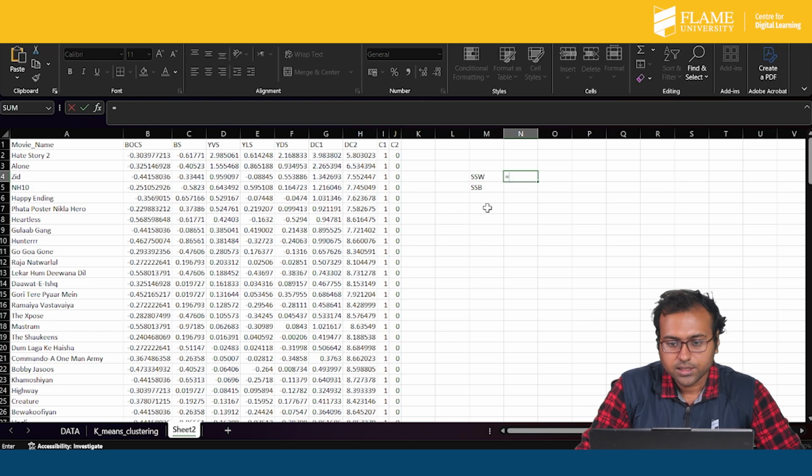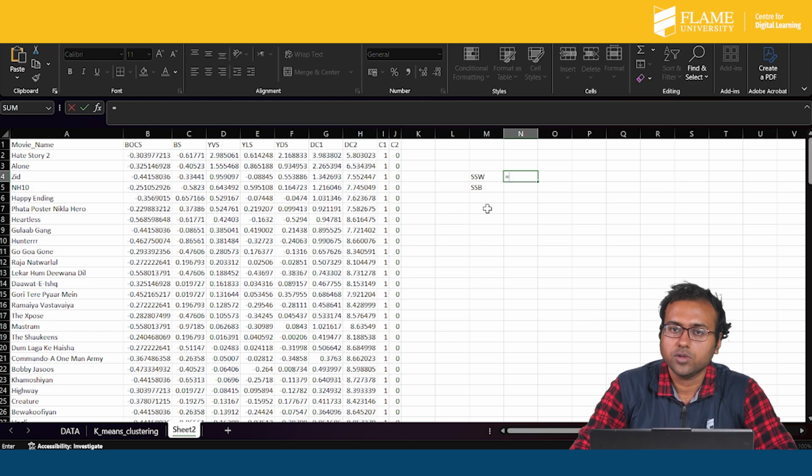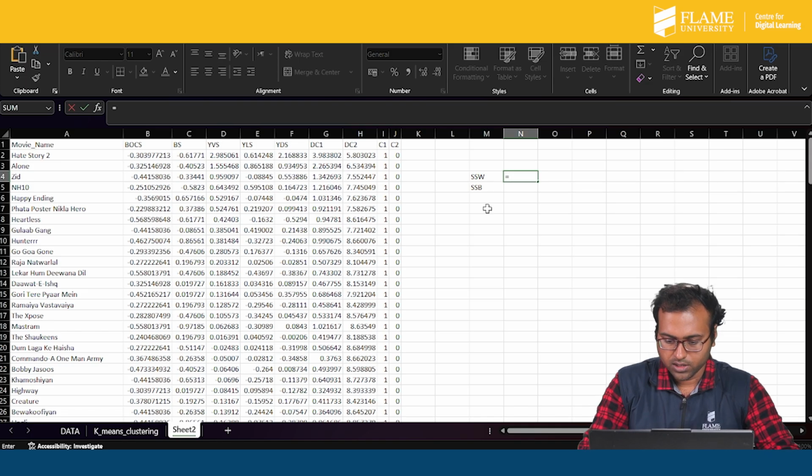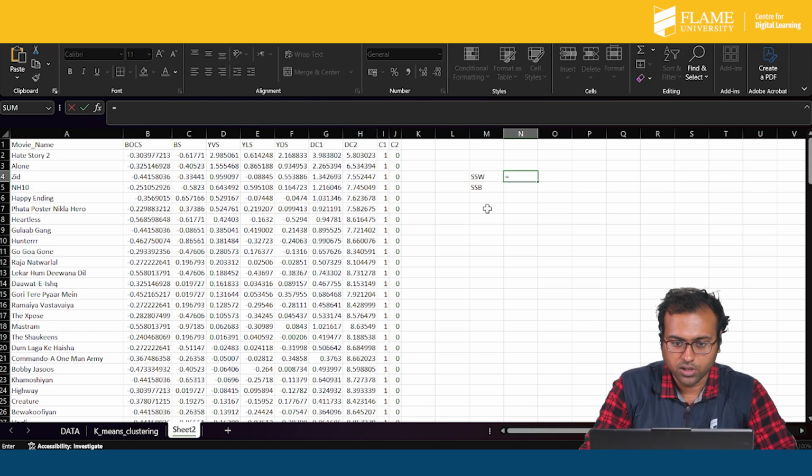So this SSW, SSB is useful when, let's say, you are comparing two clustering strategies. Let's say you have generated 2 clusters, 3 clusters. In that case, the quality of the clusters can be easily understood by comparing these two values, SSW and SSB. So let us understand how to calculate, because we have already calculated these distances.